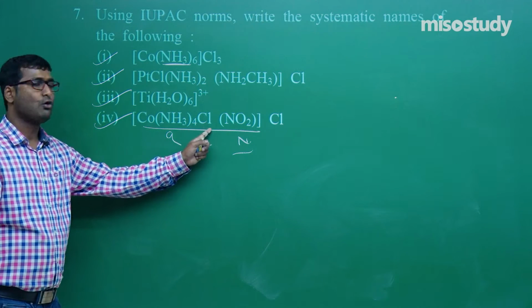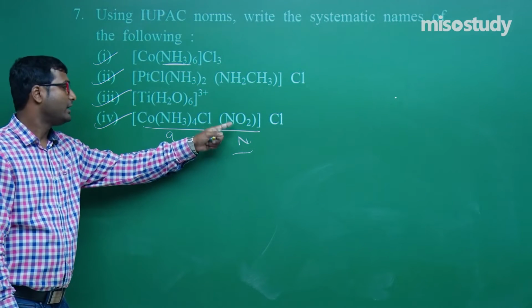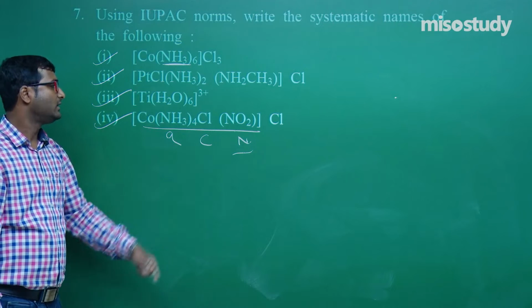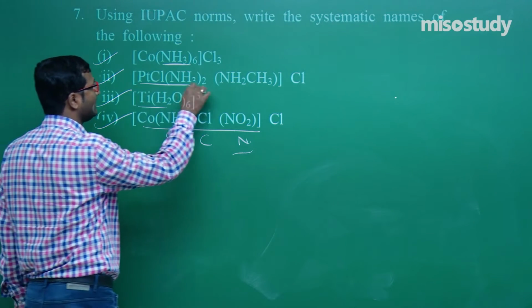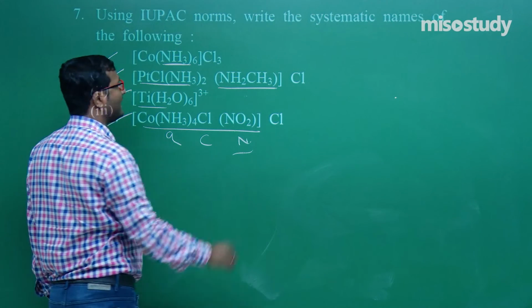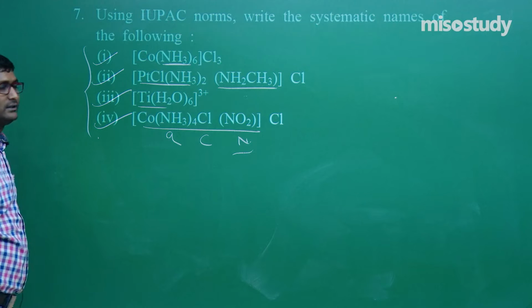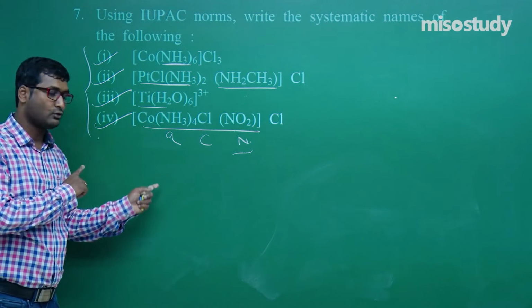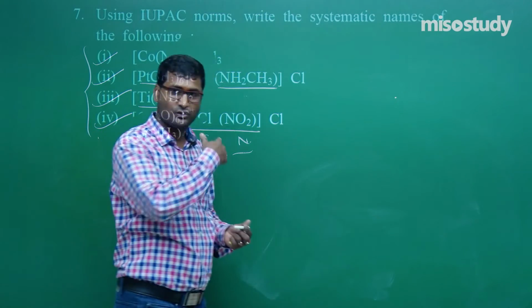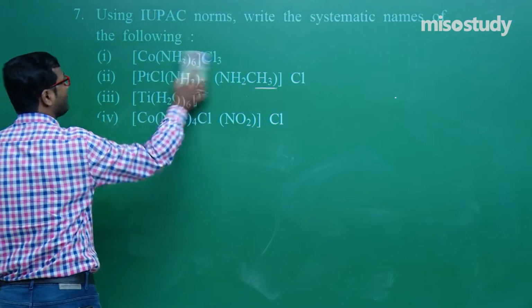Tetraamine chlorido nitro cobalt(III) chloride, my friend. Similarly this one, similarly this one. This one is methylamine. Clear to you? You can easily solve this question. Am I right? Yes, sir. I am not going to solve each and every question. It's your turn, you have to solve. This is a very simple one. We have done lots of practice on this.